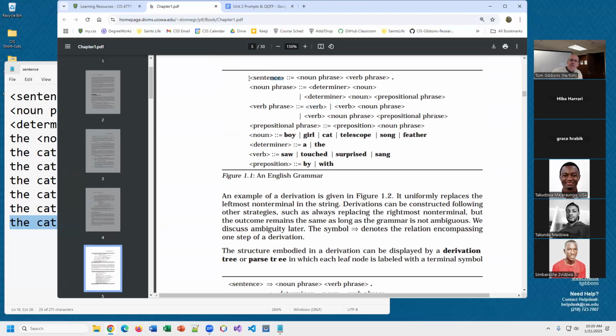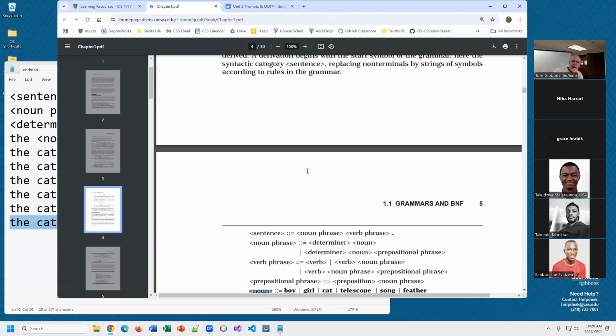In our grammar, everything on the left side of a production rule is a non-terminal. So we have 1, 2, 3, 4, 5, 6, 7, 8 non-terminals here.